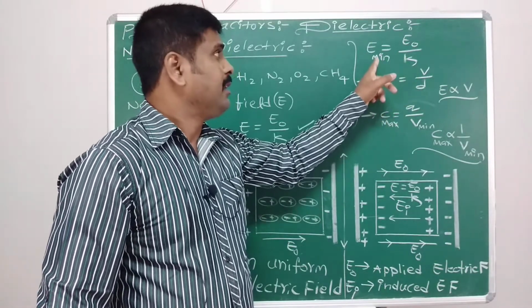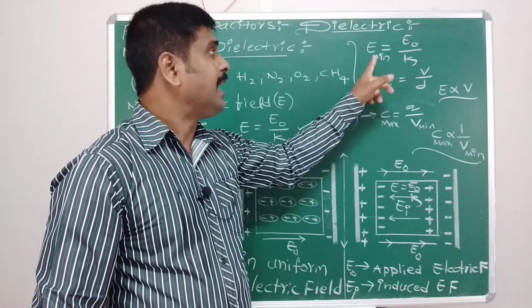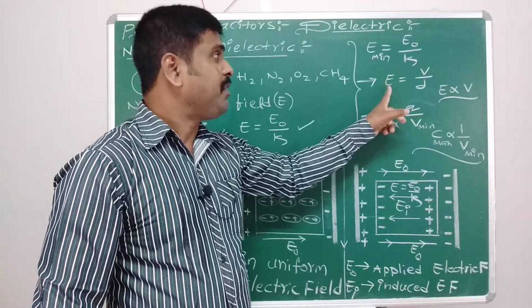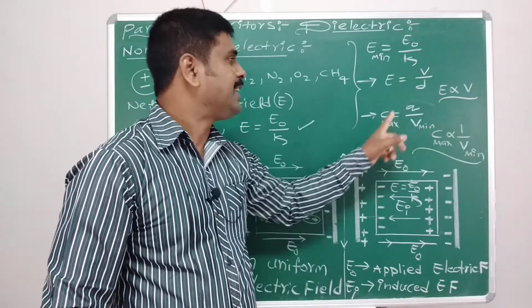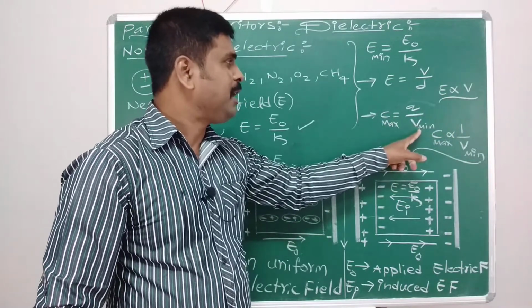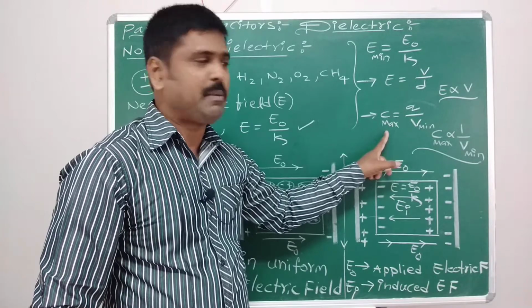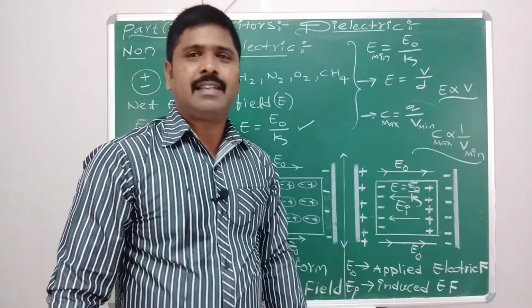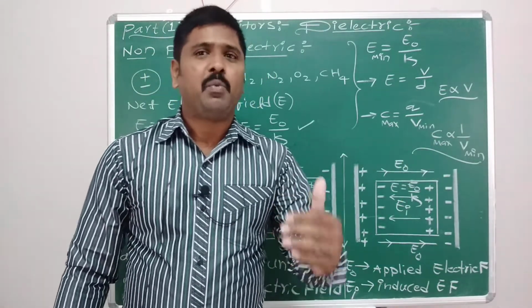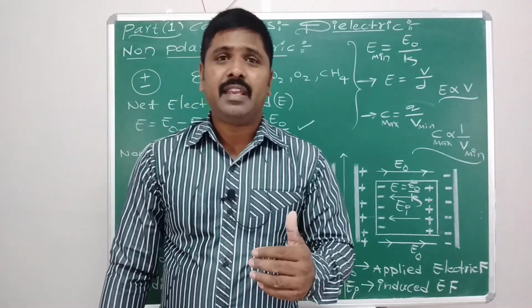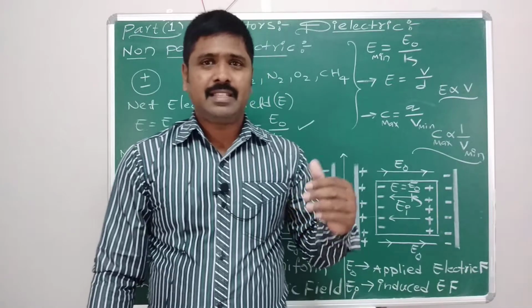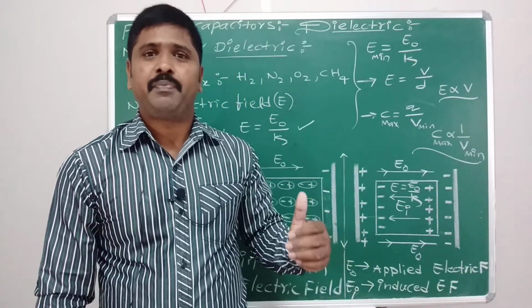From the E equals V by D relation, the electric field intensity is directly proportional to the potential. That's why the potential is minimum and the capacitance is maximum, so capacitance increases when a dielectric slab is placed between the plates of the capacitor. This very interesting topic is completed.